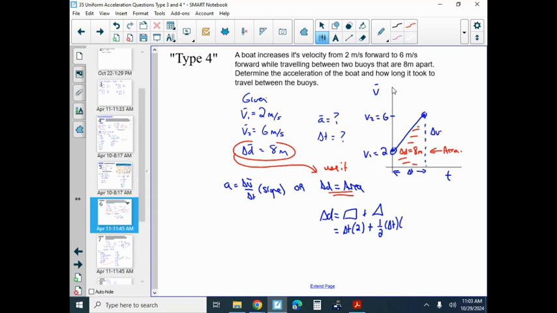So delta v obviously on here is the height of the triangle, which is the 6, take away the 2, which is 4. Right? So height of the triangle, if you wish, you could write it in like that or whatever, but that's a 4. And then the other thing, of course, we know is the total area. The displacement is 8. Right?